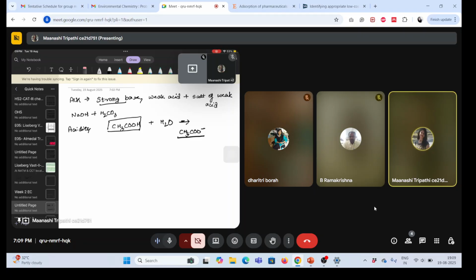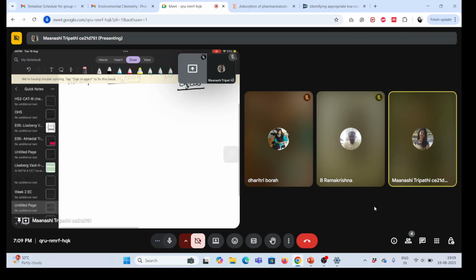Now comes the different types of alkalinity. There can be caustic alkalinity, phenolphthalein alkalinity, or methyl orange alkalinity. These are the different definitions of alkalinity. What is caustic alkalinity?